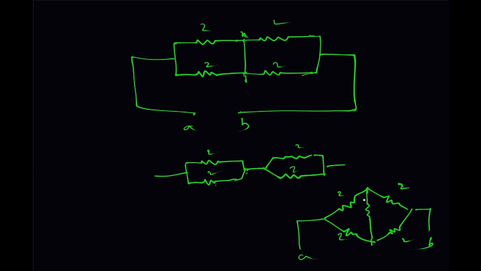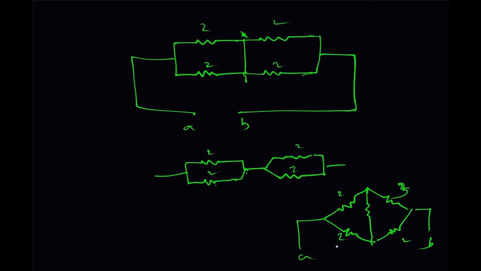Now it is not easy because these 2 are not in parallel, because there is a resistance here, and also these 2 are not in parallel. In that case, if there is a symmetry, then you can calculate, but for the general case, it is not easy.